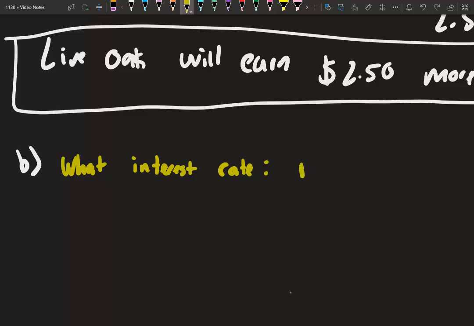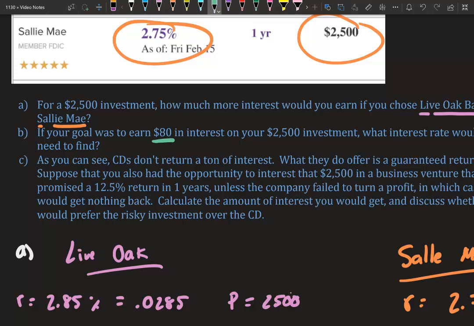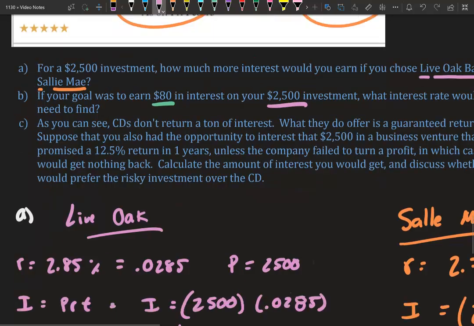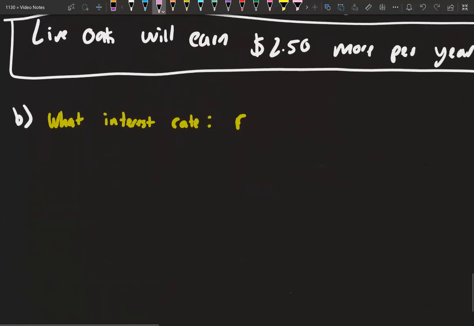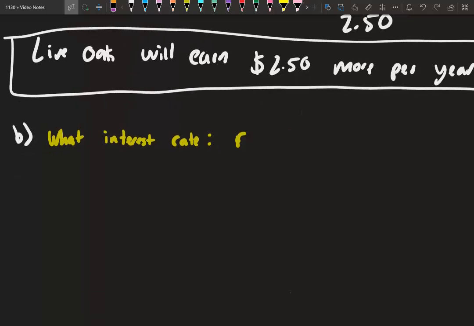So when we're looking for interest rate, we're actually looking for our R. So it told us that we want to get back $80 if we invest $2,500. So we want to get back $80 and we're investing 2,500.